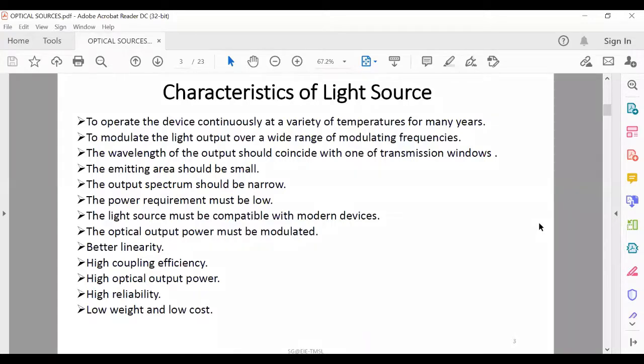Next, to reduce the material dispersion in an optical fiber link, the output spectrum should be narrow.